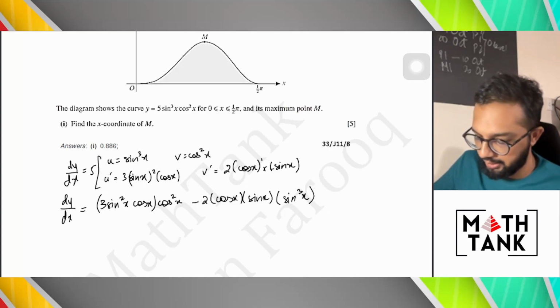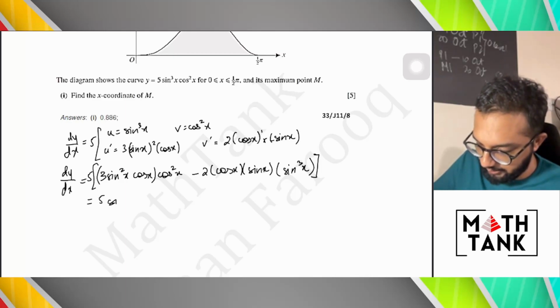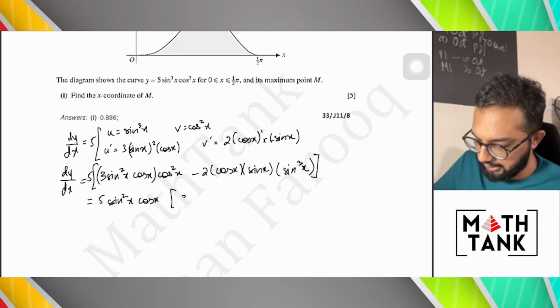What I see as common is there was 5 outside as well. So I can see a sine squared x common, and I can see 1 cos x common. So I get 3 cos squared x minus 2 sine squared x.